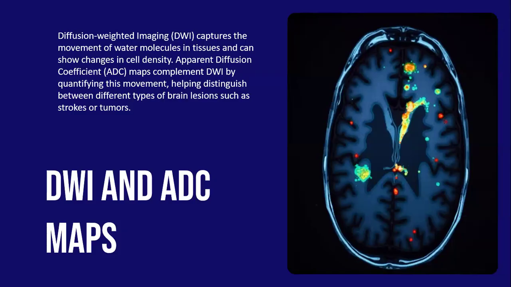Their importance is with regards to diffusion of water molecules across the tissues. The diffusion weighted images would capture that, whereas the ADC map would complement the DWI by quantifying. So one is qualitative, the other quantifies the movement. So it's good for detecting various pathologies such as strokes or tumors.